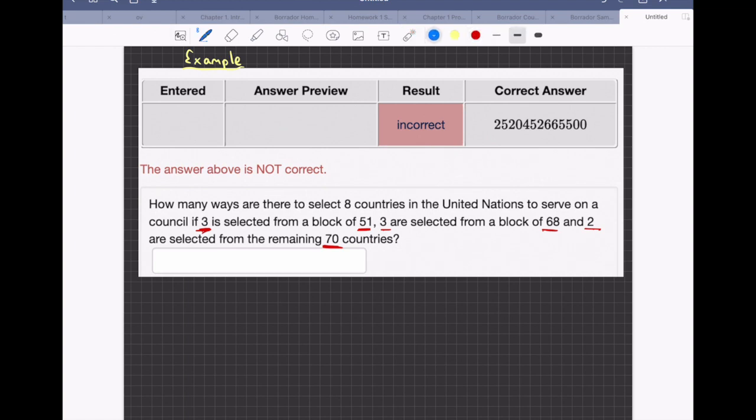So in this case, the answer, I'm going to express it as combinations. The first one is combination 51 choose 3. And then I have to do the same for the other ones. 3 out of 68.